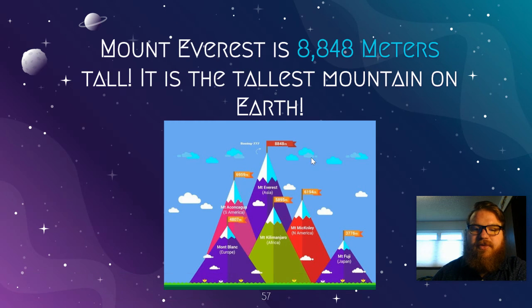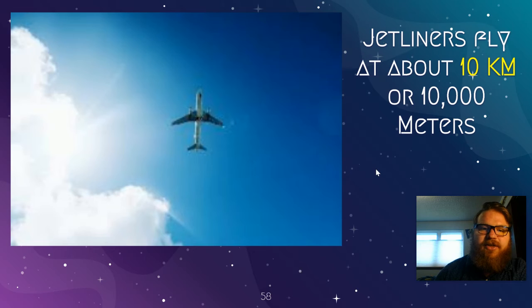So what if, like I said, we want to get higher than on top of Mount Everest? Well, you got to get on a plane, right? So jetliners, like your common commercial airliner, fly at about 10 kilometers up in the sky, or 10,000 meters.